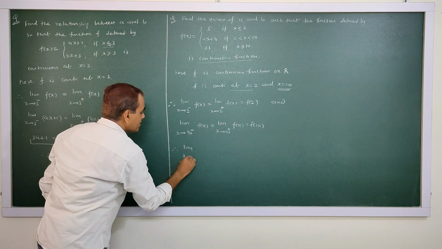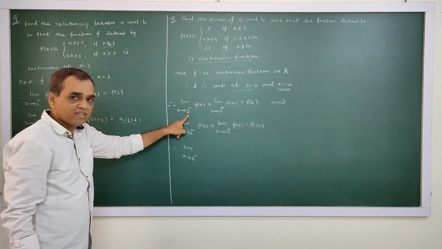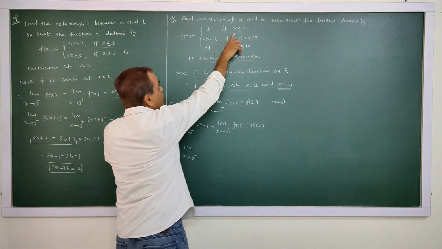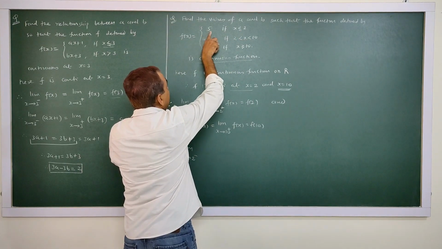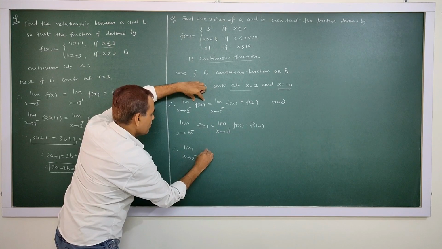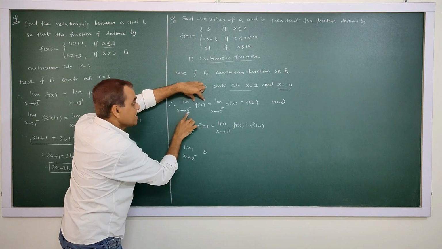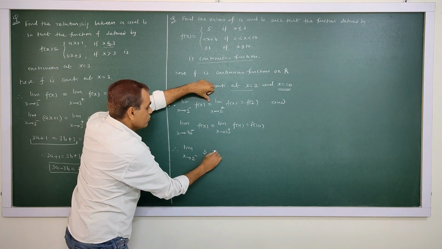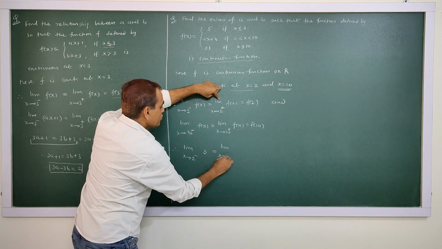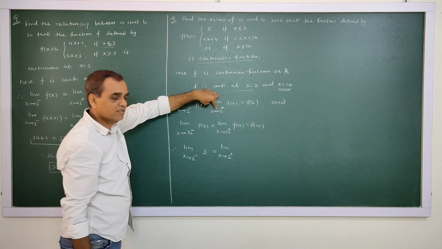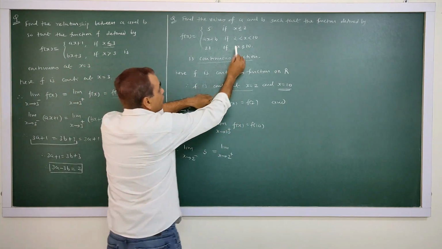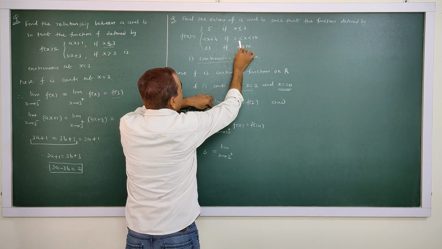the limit as x tends to 2 from the left side means x is less than 2. So f(x) is 5, because x is less than 2. Equal to, now here the limit as x tends to 2 from the right side, so x is more than 2.